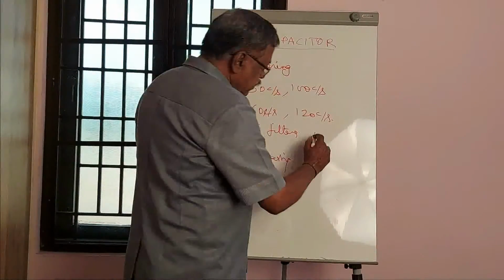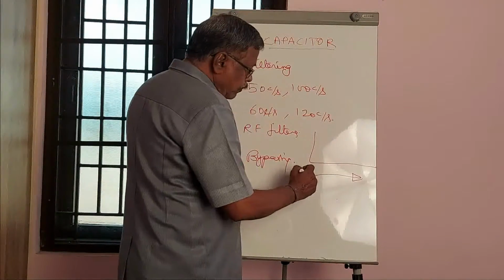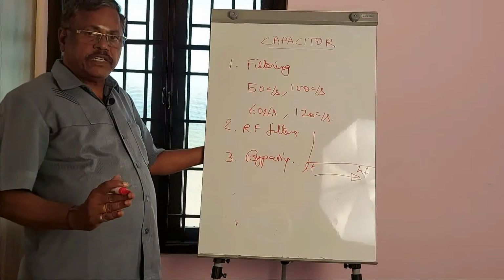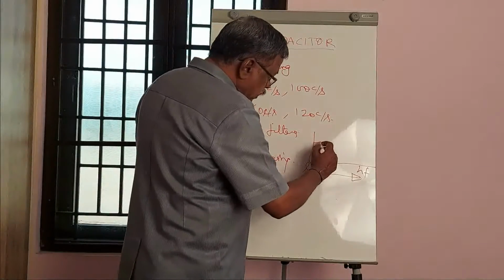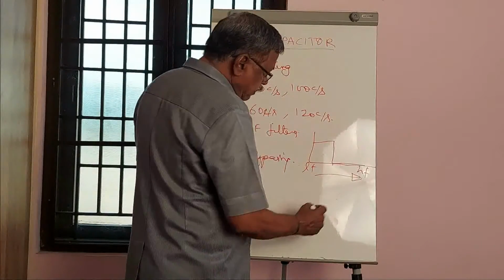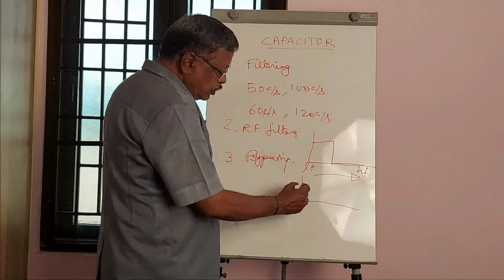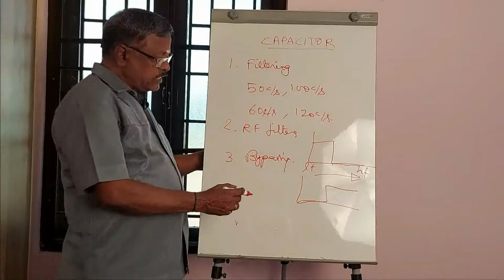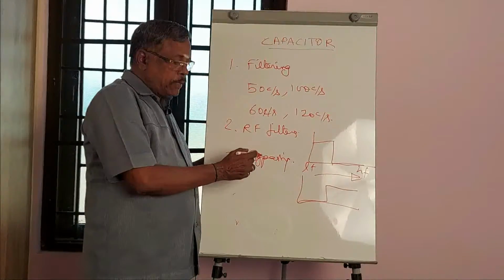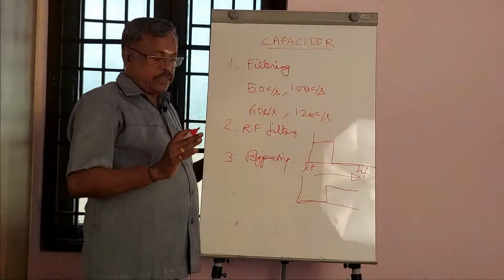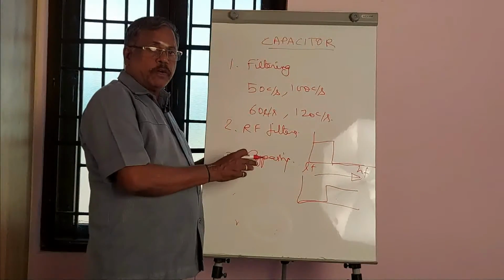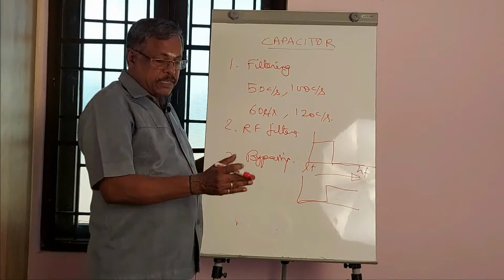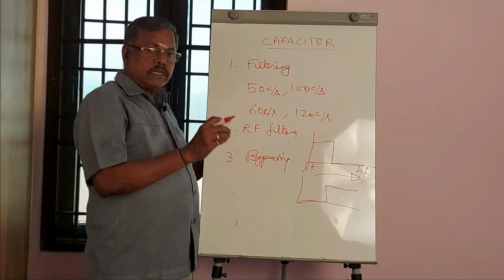If you think there are frequencies starting from low frequency to high frequency, and you want to reject a particular frequency, you will be able to either pass some frequency and reject high frequency, or in some circuits you may be rejecting low frequency and passing the high frequency. In such cases, the capacitors are being used for bypassing a particular frequency component. Therefore, this is being used for segregating a low pass filter and high pass filter or elimination filter and all these things. For this, capacitors are necessary.